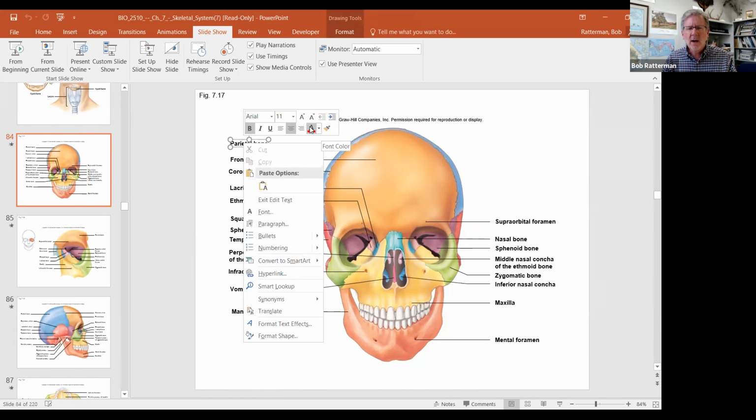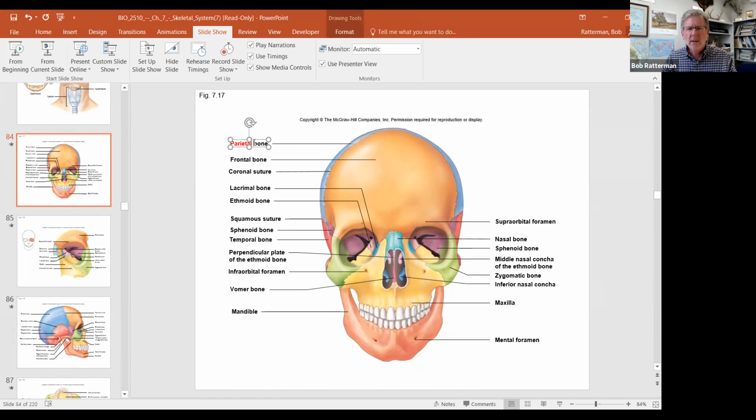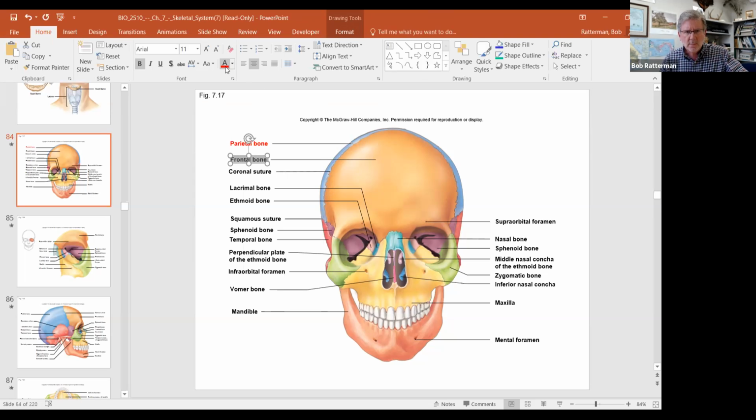Well, I can just color it. Maybe I'll just do that. I'll just color the words. How's that? Can you see the red parietal? Yeah, okay. So let me just kind of go through and color code some of these terms because I remember what's on that exercise.